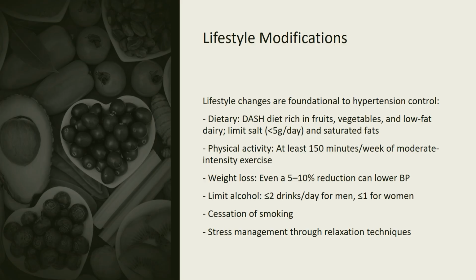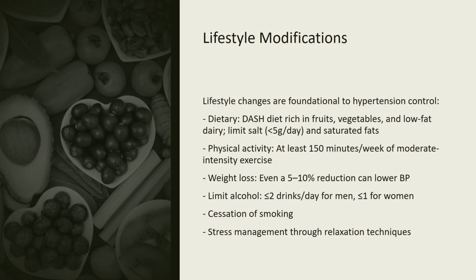Lifestyle modifications. Lifestyle changes are foundational to hypertension control. Diet: rich in fruits, vegetables, and low-fat dairy; limit salt to less than 5 grams per day, and limit saturated fats. Physical activity: at least 150 minutes per week of moderate-intensity exercise.